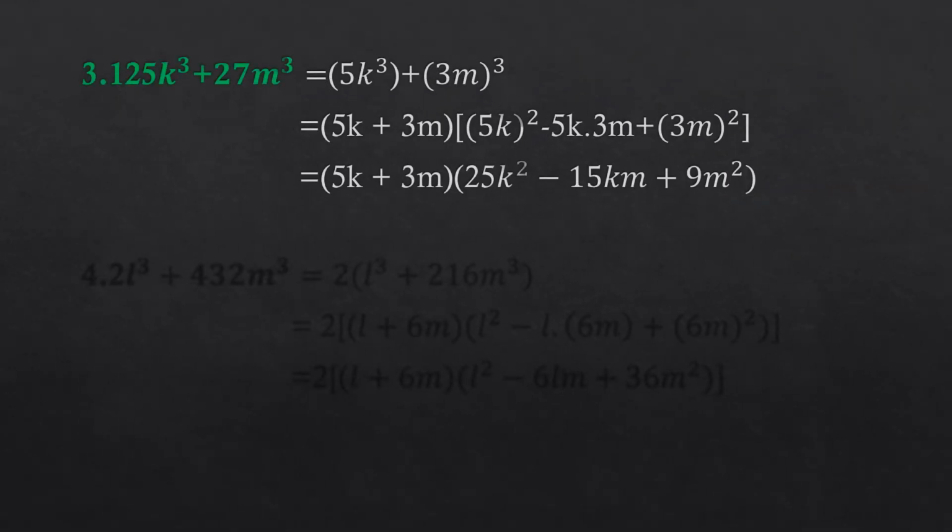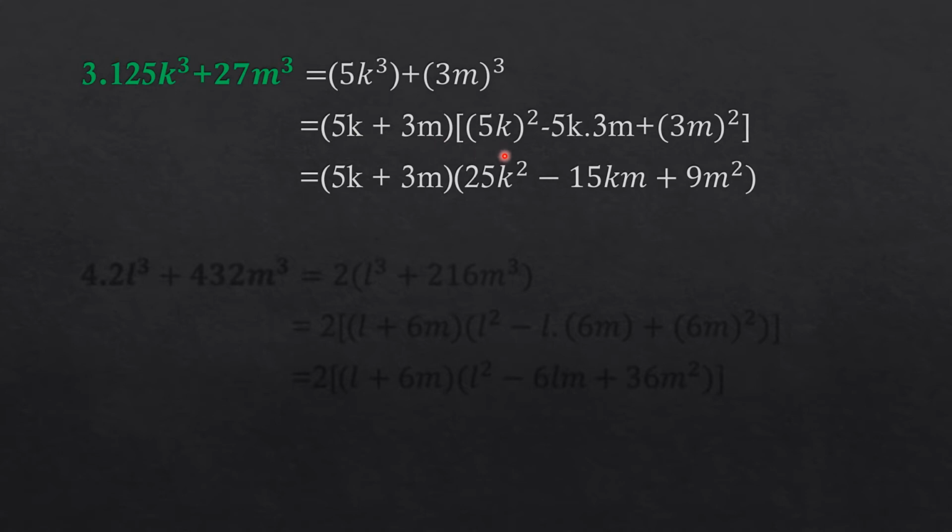Then third example, 125k cube plus 27m cube. Again, we can write 125k cube as 5k bracket cube, plus 3m bracket cube. Now taking cube roots in the first bracket, we can write 5k plus 3m.